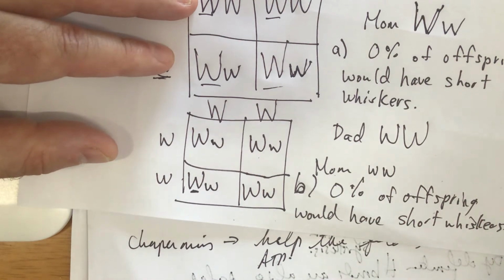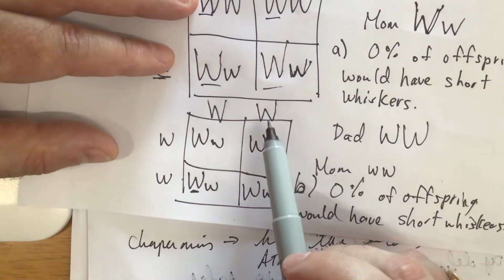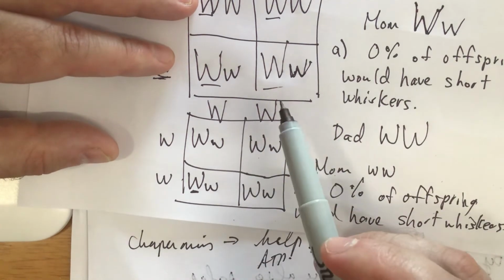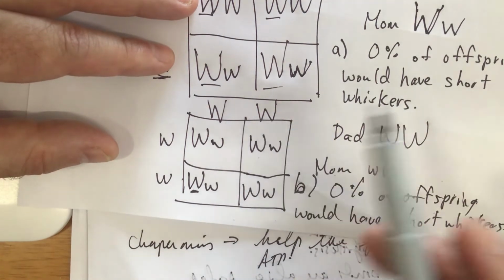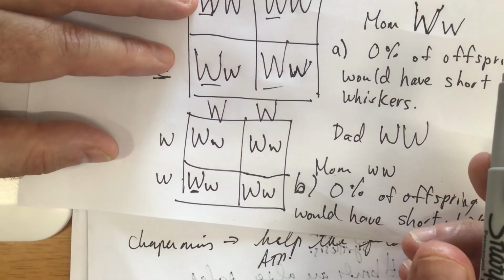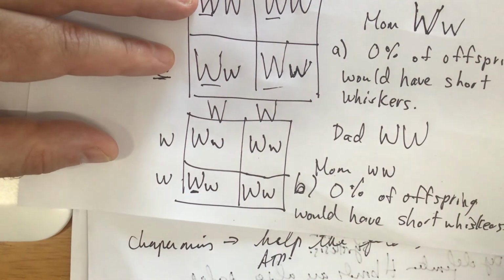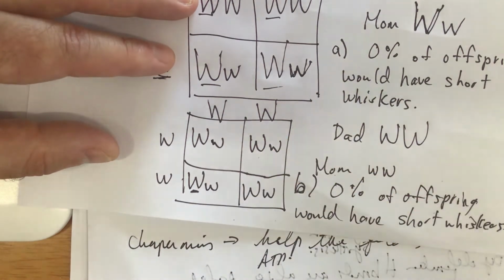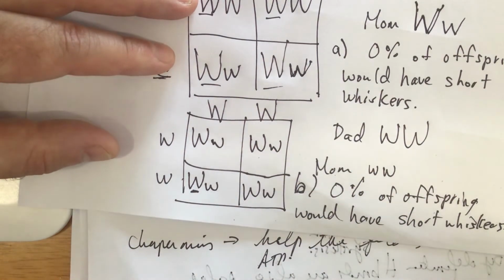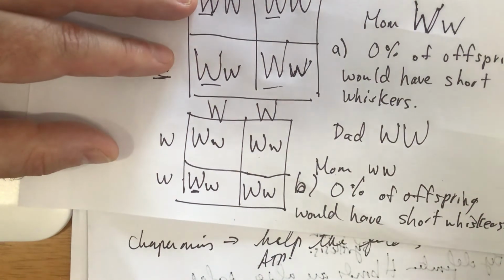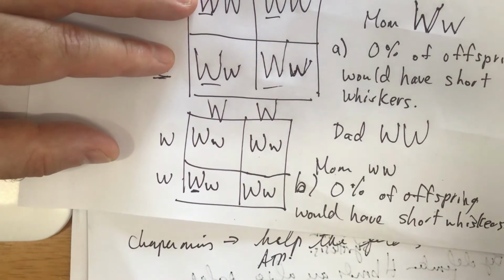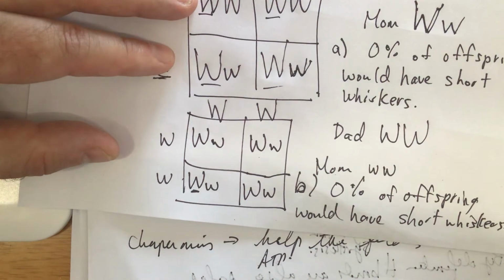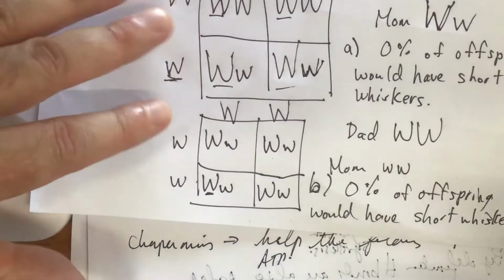Well, we know one case would be if both mother and father had short whiskers and they bred together, then their offspring would 100% have a chance of having short whiskers. But there's another situation too that would guarantee us, albeit a small percentage, of short whiskers as well. And that's what we'll talk about on Wednesday.